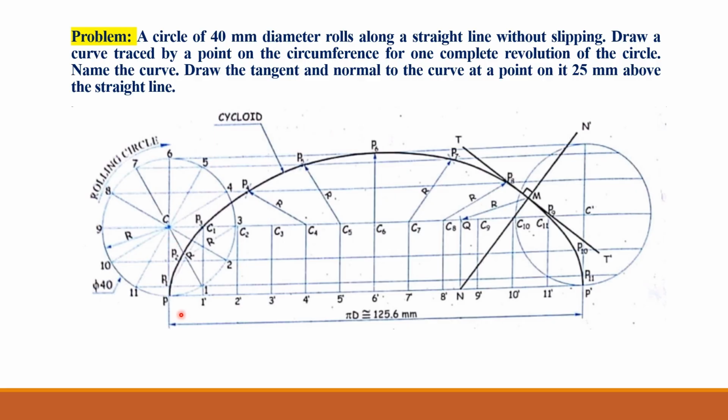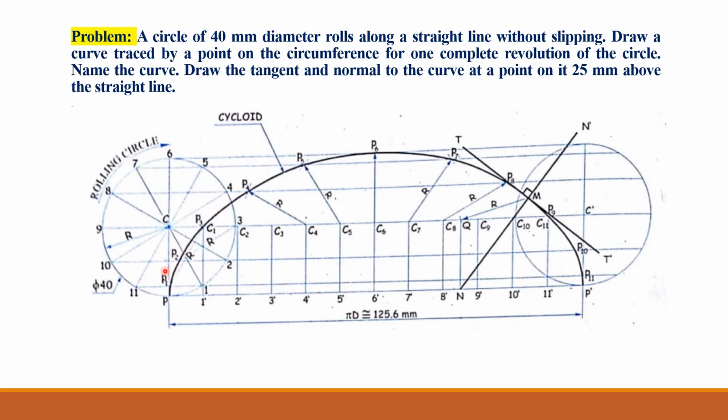Then draw the line which is tangent to this rolling circle at point P. Then through point P, draw a vertical line which is normal to this horizontal line, and then divide this circle into 12 equal parts. So now say here the angle of each part is 30 degrees.